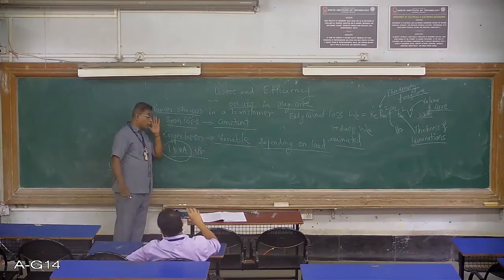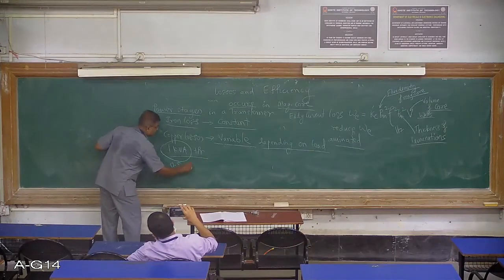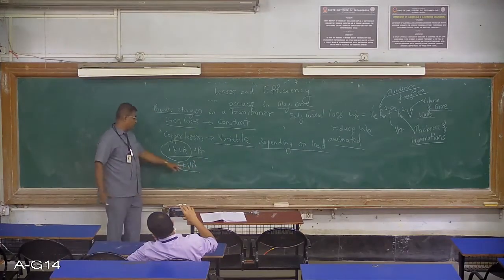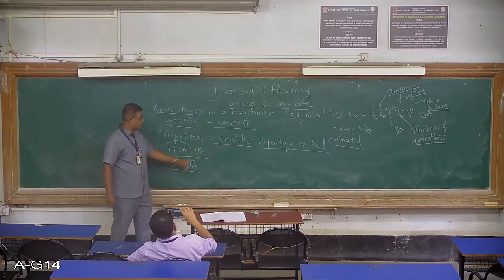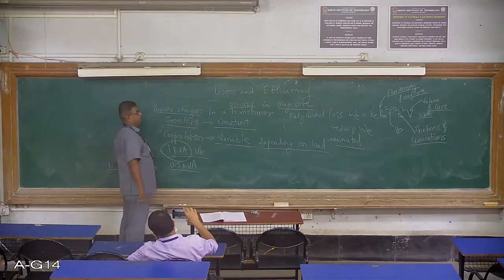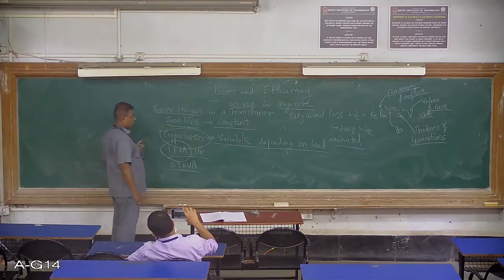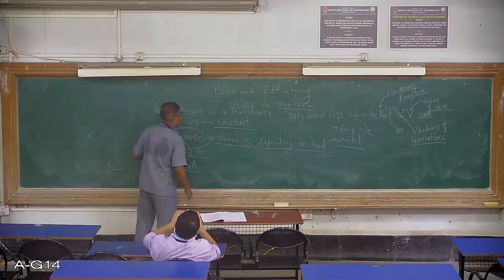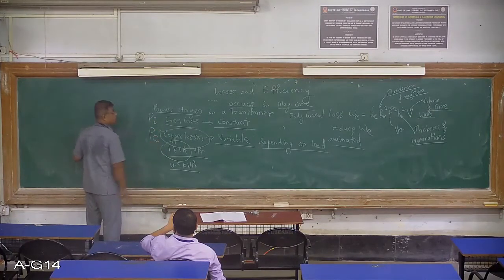If we put a load on this transformer such that it is loaded to this extent, say half of its rating, then we call that the transformer is on half load. So that is the meaning of load. Depending on the load, currents will be changing, and depending on current, the value of copper loss changes. So in general, iron losses are indicated by PI and copper loss is indicated by PC.